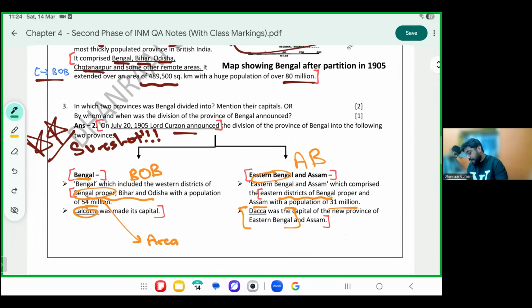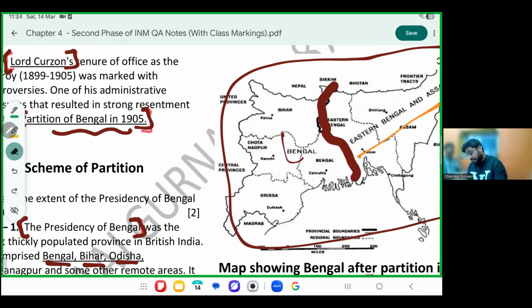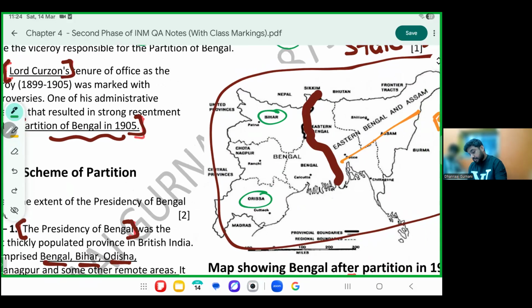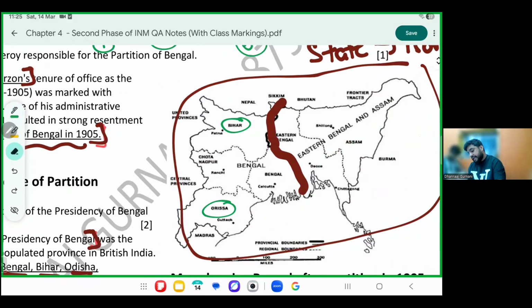Taking you to the map, here if you see, that's what is there today also. Hindi is Bihar, Oriya is Odisha, and your famous tea comes from Assam. First it was one unit, then it became 2 units, now it will become smaller units. Bengal will become West Bengal, which is there today.